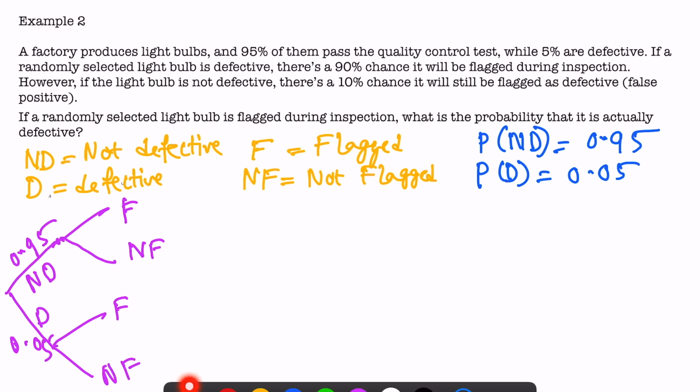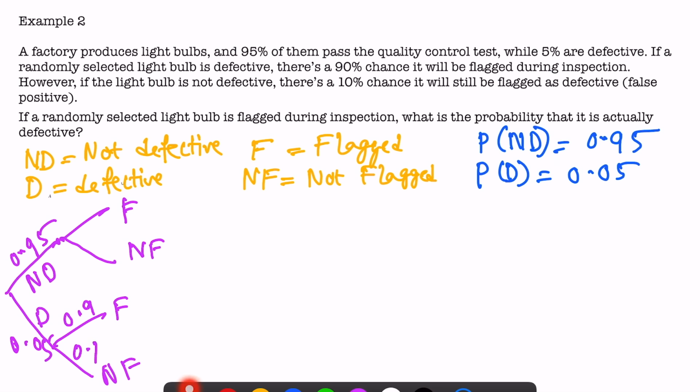Now what it is saying, if we randomly selected light bulb is defective, there is a 90% chance it will be flagged during inspection. So if it is defective, then 90% chance it will be flagged, right? So that is 0.9, right? And then in that case, not flagged, this probability will be 0.1.